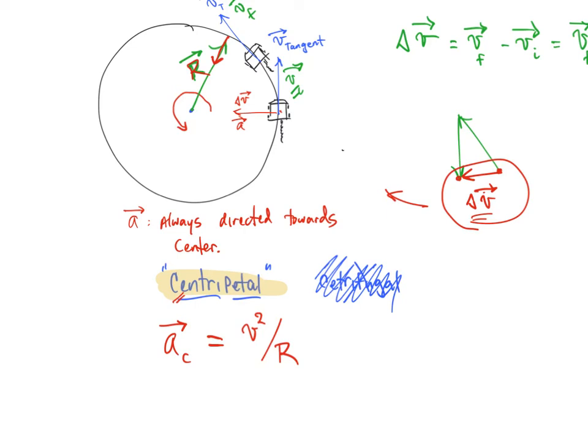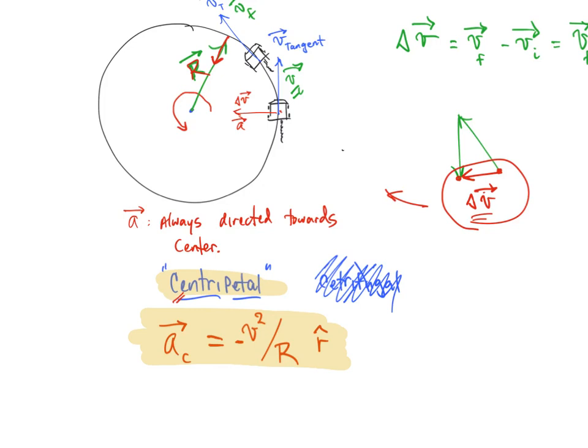I do that by introducing a unit vector, r hat, and I make it negative. The negative combined with the r hat is fancy notation that says at all times the direction of the centripetal acceleration is going to be inward, opposite from the direction of the r vector, which is outward.